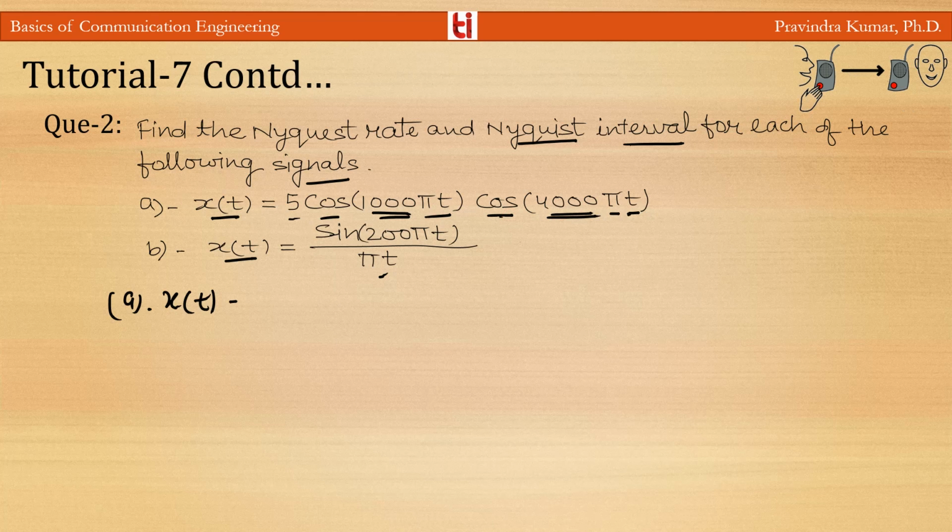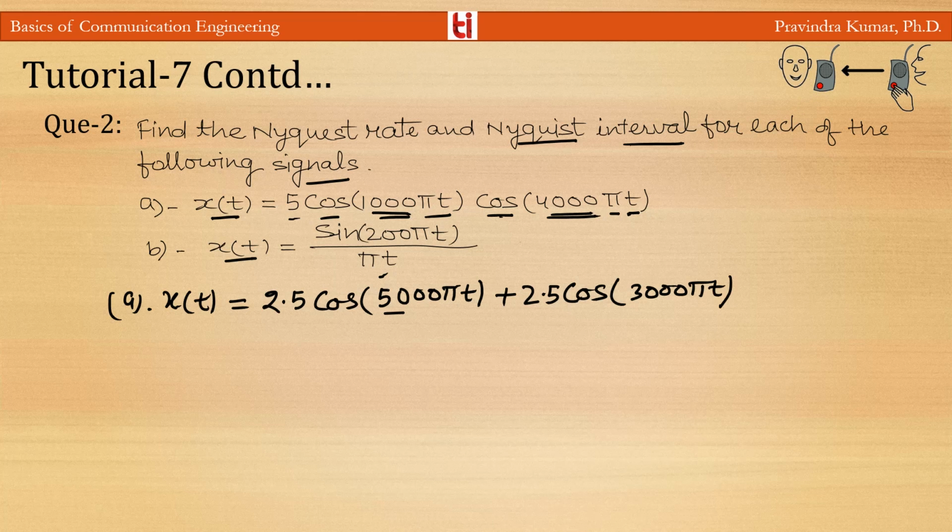2 cos A cos B is equal to cos(A+B) + cos(A−B). So using this we will have x(t) = 2.5 cos 5000πt + 2.5 cos 3000πt, and the maximum frequency component in the signal is fm = 2500 Hz, or 2.5 kilohertz.